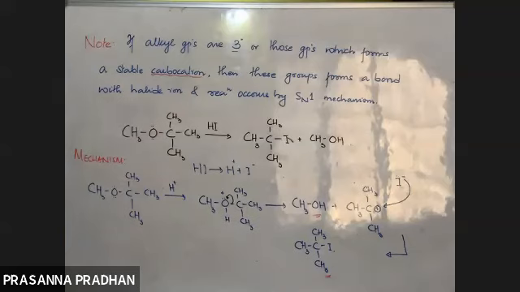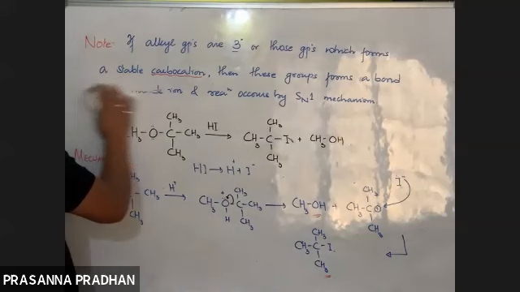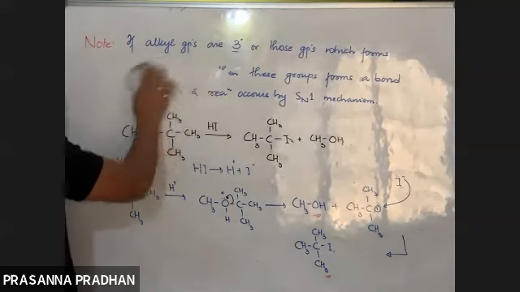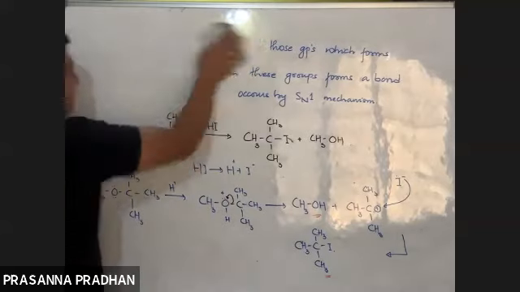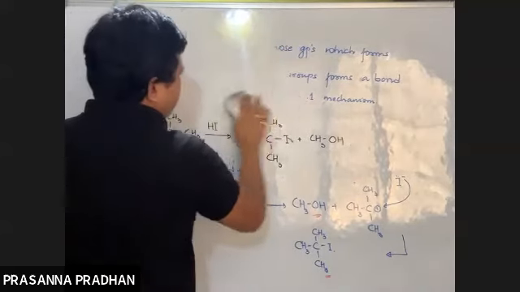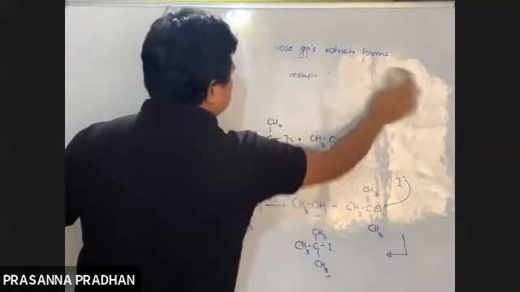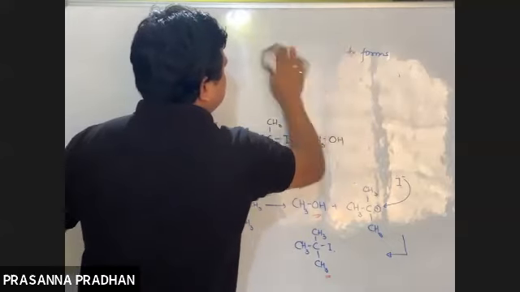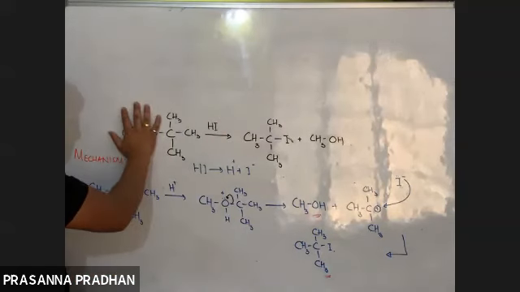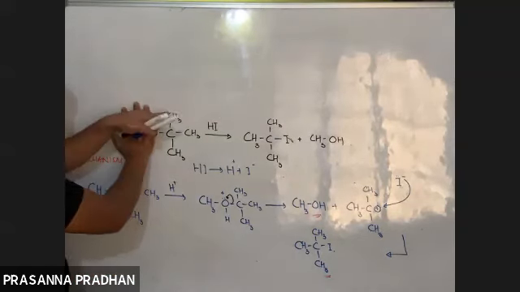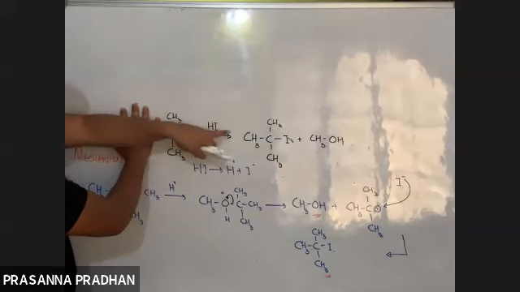But from here, some questions related to carbocation stability do come. You will be given a question to predict the product. Yes, we know the tertiary butyl group forms a very stable carbocation, so the group which forms a stable carbocation forms a bond with halide.